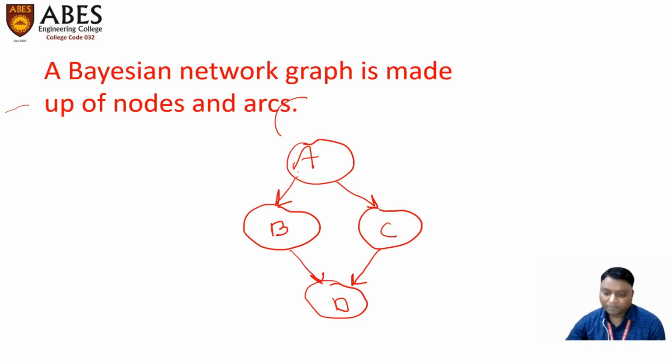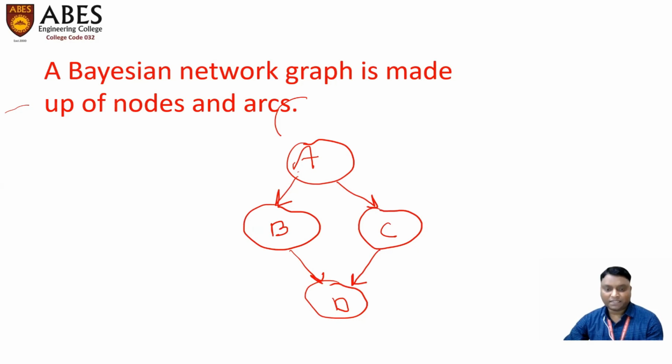These directed links or arrows connect pairs of nodes in the graph. If you see the given graph, there are four random variables A, B, C, and D, which are called the nodes of the graph.